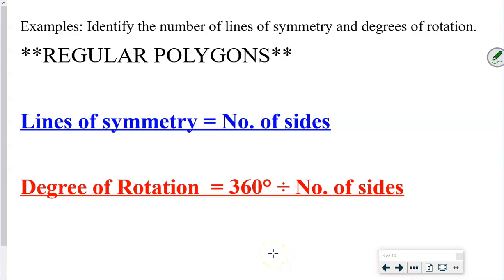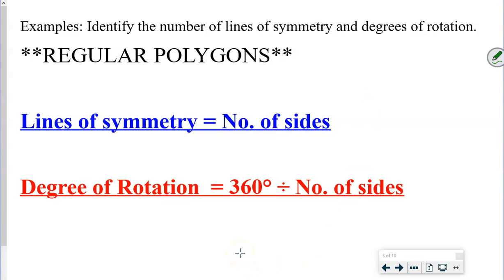When we're talking about regular polygons, that means the sides are the same. Here we have some examples of identifying the number of lines of symmetry and degrees of rotation. When we have a regular polygon, again, that means the length of the sides are exactly the same. Then the lines of symmetry equal the number of sides, okay?